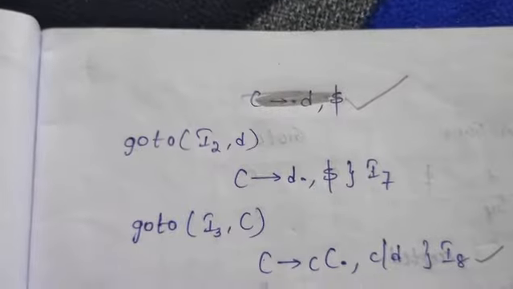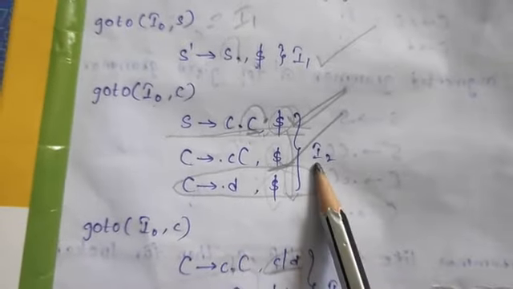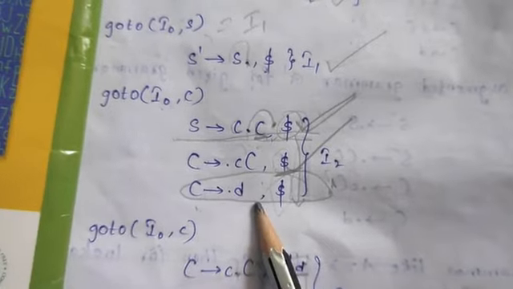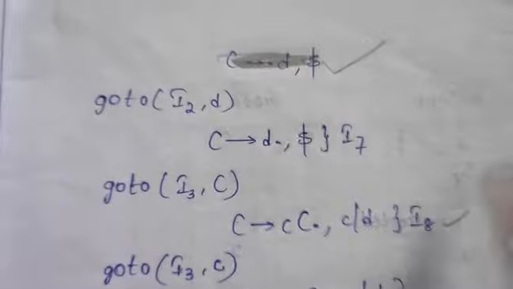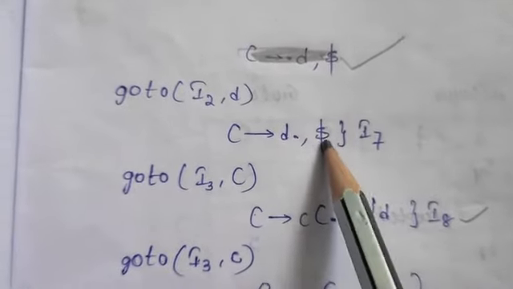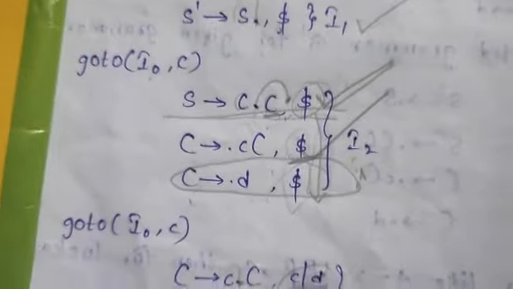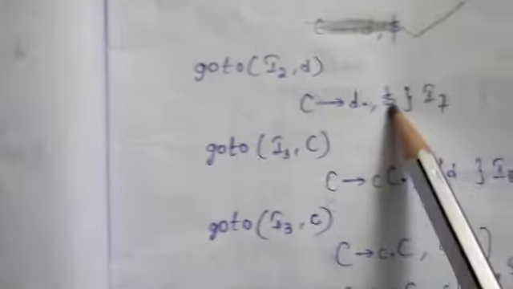Then we go for the next, I2 comma d. Why? Because in I2 only one production is there, C tends to dot d. For that reason the dot is moving by small d, and the look ahead that is in I2, dollar, should be placed here.